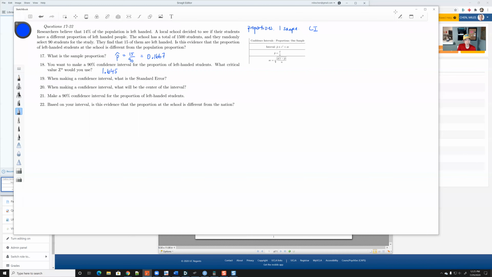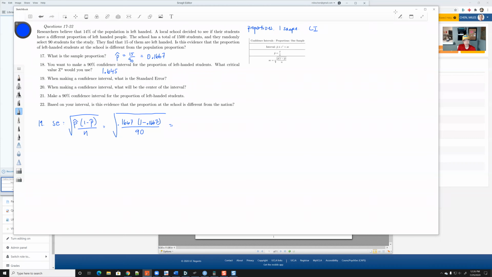All right, so when making a confidence interval, what's the standard error? Number 19, the standard error is the square root of p hat times 1 minus p hat divided by n. So I've got 0.1667 times 1 minus 0.1667 divided by n, which is 90, and we take the square root.